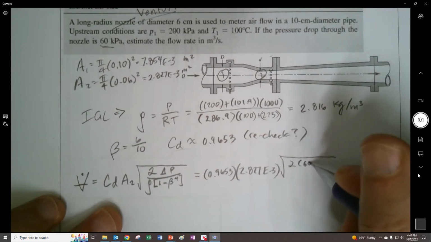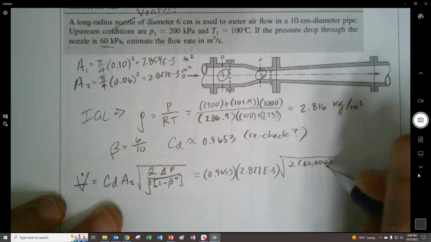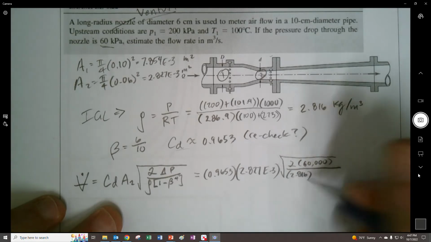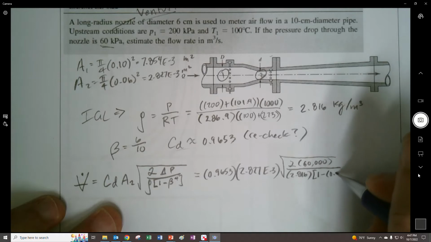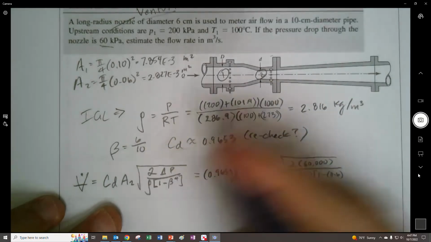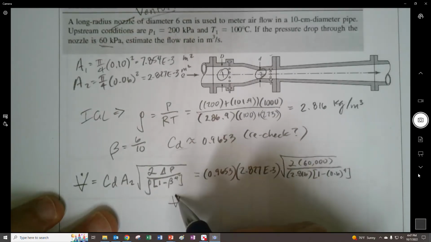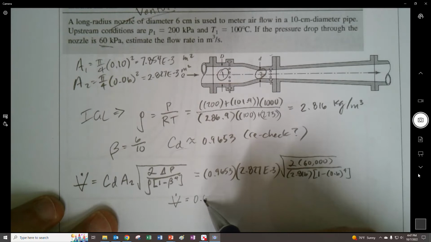So we go to 60,000 to get newtons per meter squared, divided by our 2.816, and by 1 minus 0.6, right here, raised to the 4th. And we get a flow rate of 0.6038. And that's kind of what this problem has asked for.